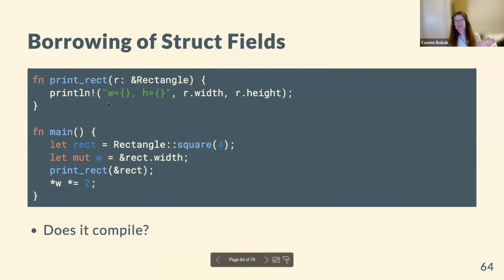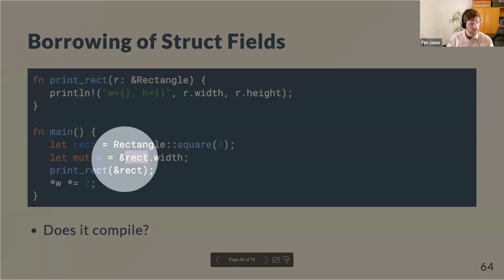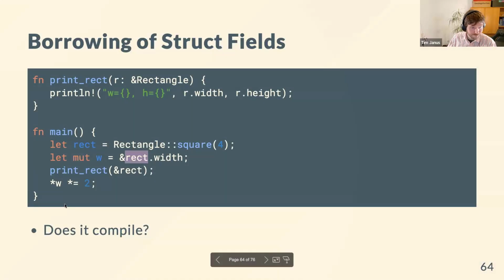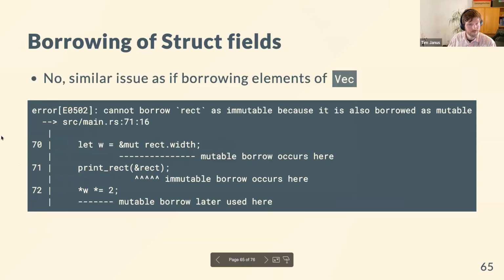So imagine this to be &mut rect.width. So the mut needs to be here. Here actually, I'm not sure why it is here. So that is the code you want to see, like referred to in the error message. Here you get a similar error as we already saw in the previous case.